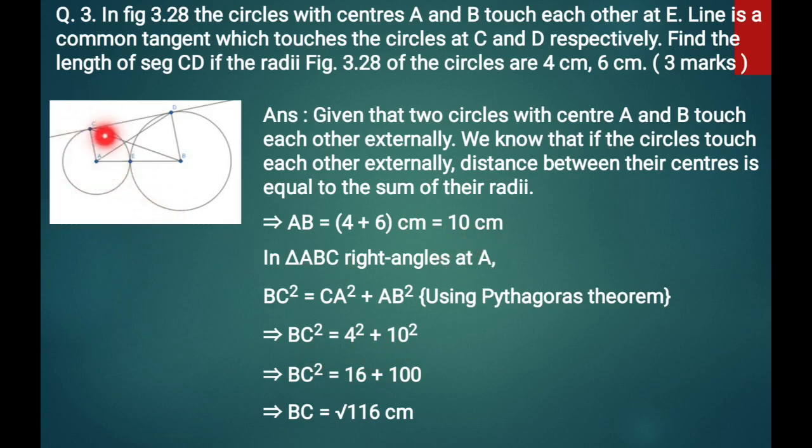CA is the radius of this circle, so we substitute CA equals to 4, and this AB we calculated 10. 4 square is 16, 10 square is 100, so its addition we get BC square equals to 116. We require the value of BC, so taking square root on both sides, we write BC equals to root 116 centimeter.